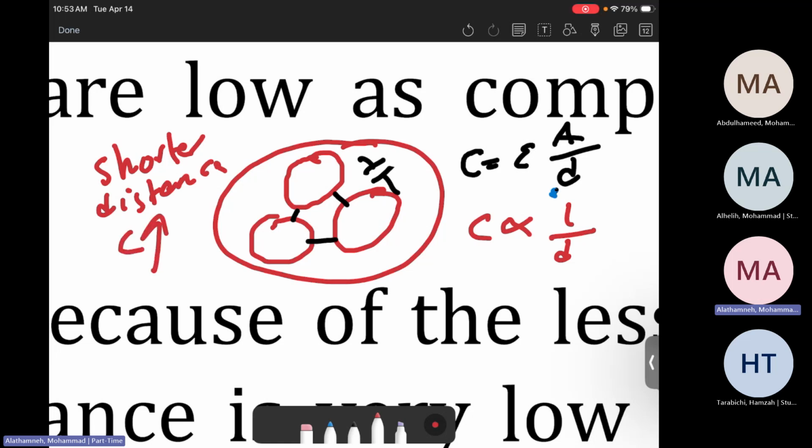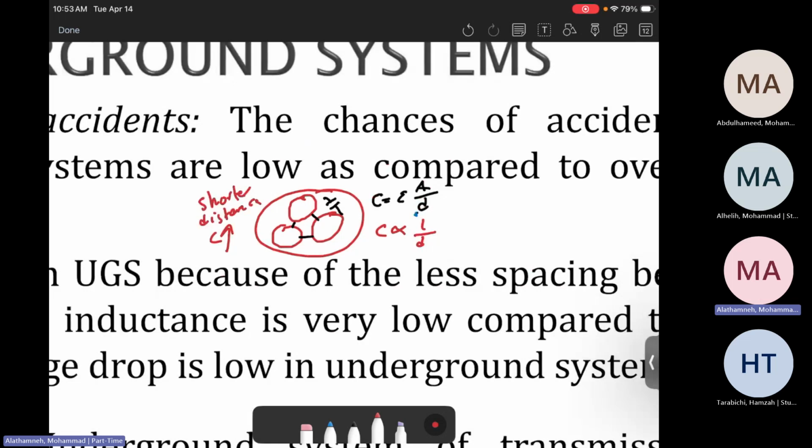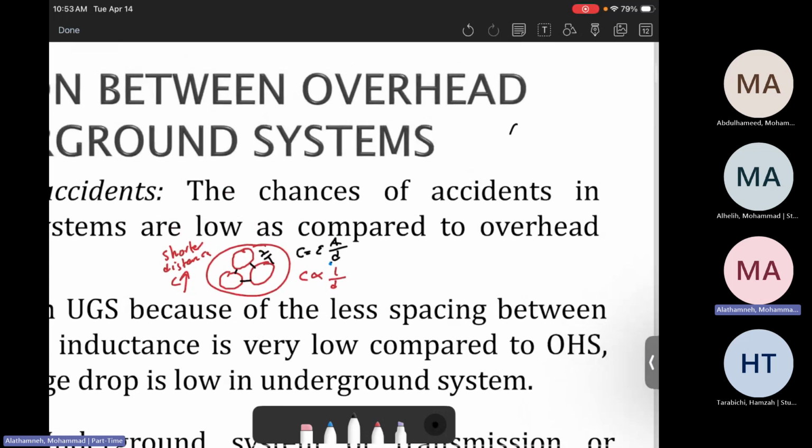C will be high. This reflects on underground systems, where the equivalent circuit is a capacitor. In an overhead transmission line, the equivalent circuit has a resistor, an inductor, and a capacitor. While in underground systems, the equivalent circuit is based on a capacitor.